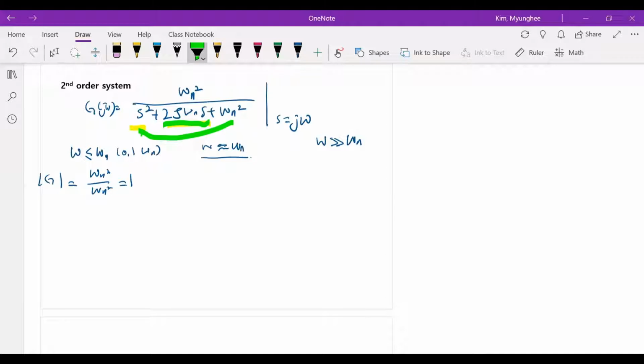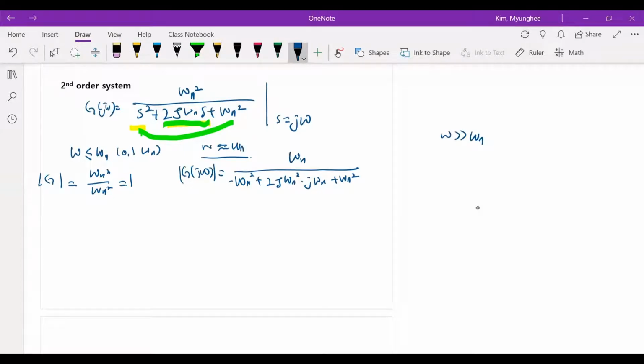Actually, let's plug in everything. 2ζωn square times jωn plus ωn square, the ωn square, and then these two are cancelled out.